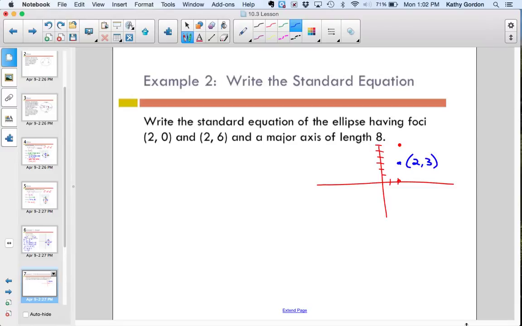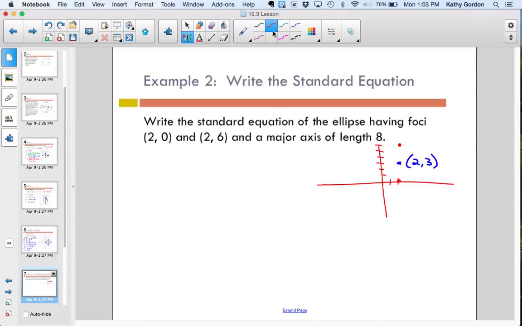Now I can use the length of my major axis to figure out where my vertices would be. So what's my A value? 4, because if the major axis in total has a length of 8, remember that's 2a. So my a is going to be half of that. That means I'm 4 units away.